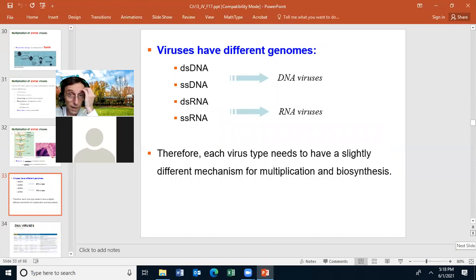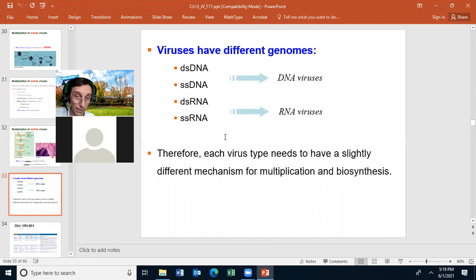I've mentioned that viruses have different genomes. They can have a DNA genome, and that genome can be double-stranded or single-stranded DNA. The genome can also be double-stranded RNA or single-stranded RNA. And if it's single-stranded RNA, you have to state whether it's a positive single-stranded RNA or a negative single-stranded RNA.